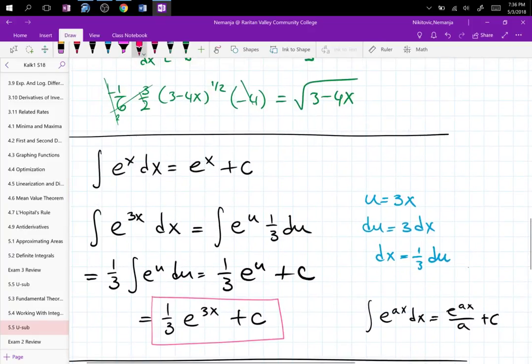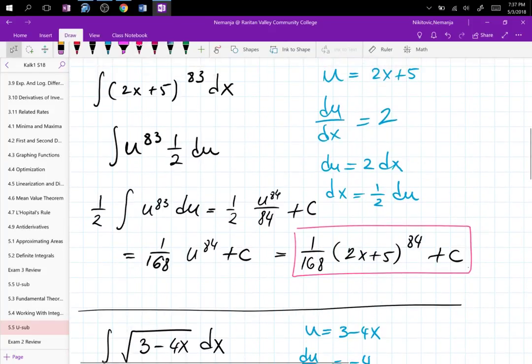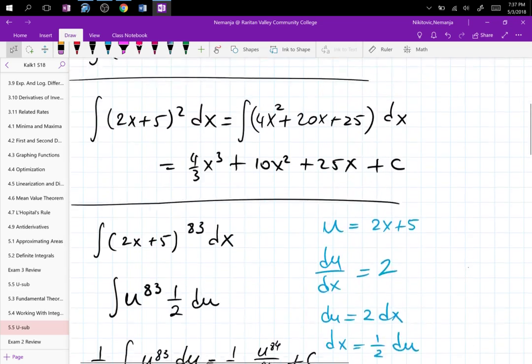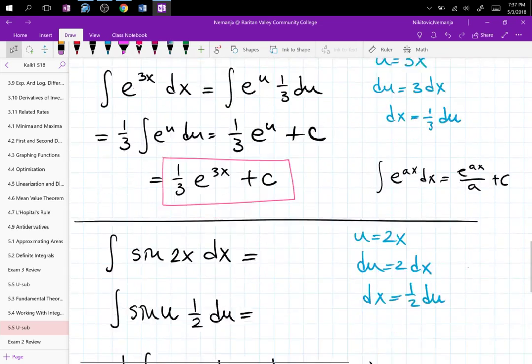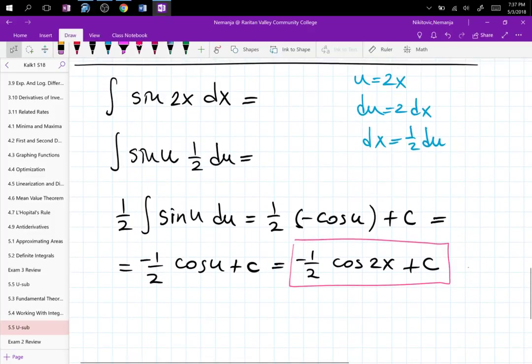So every single example which I did over here had a very basic and the easiest possible u substitution, because all of these guys had a linear u sub.